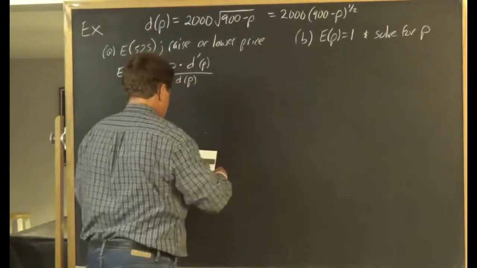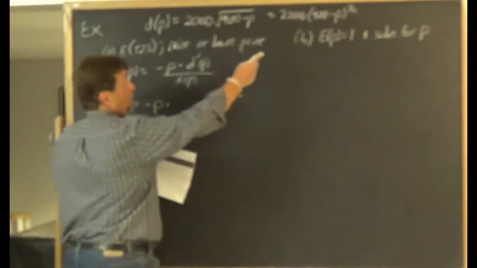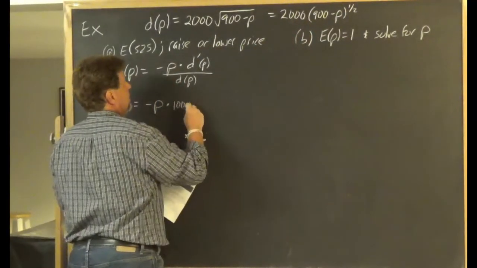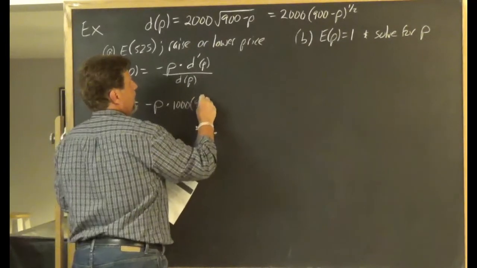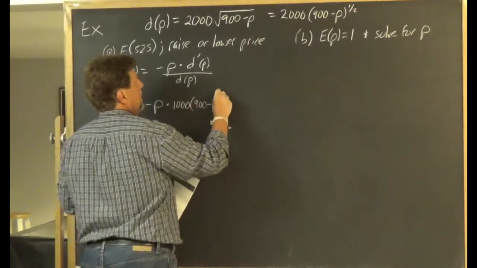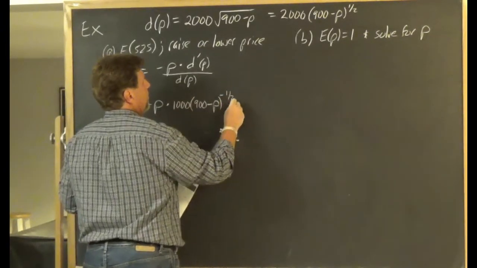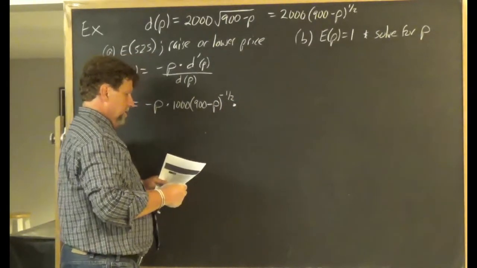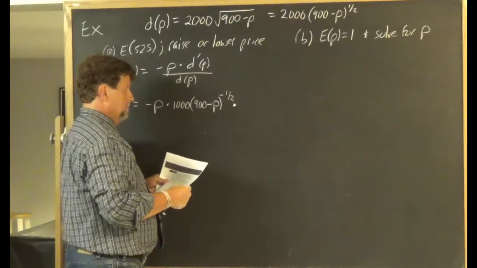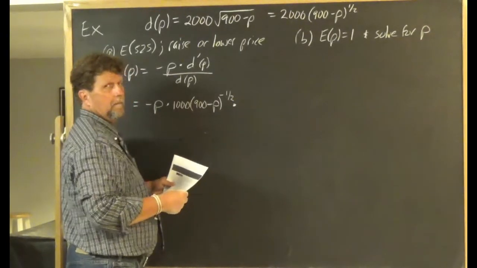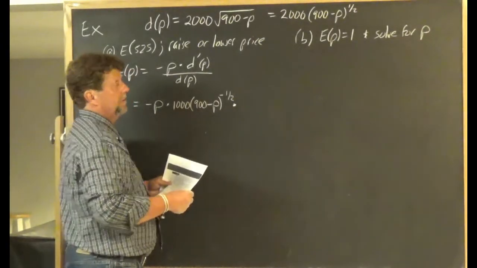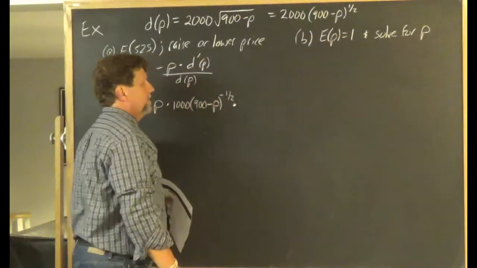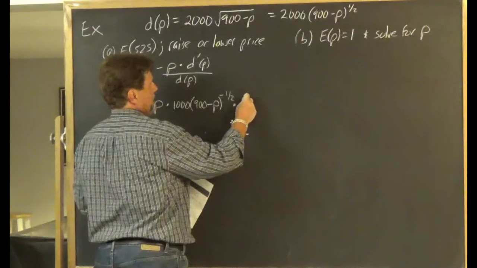So when I do the derivative there, the 1/2 comes out front, so that gives me a 1,000 times 900 minus P to the negative 1/2 times, now I have to remember the chain rule. So I have to do the derivative of the inside. And the derivative of the inside is just negative 1.